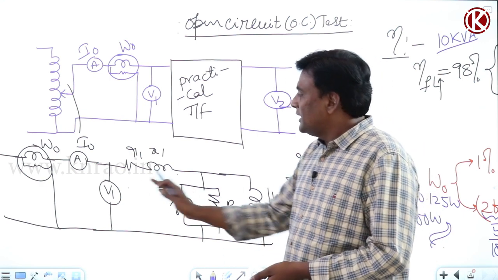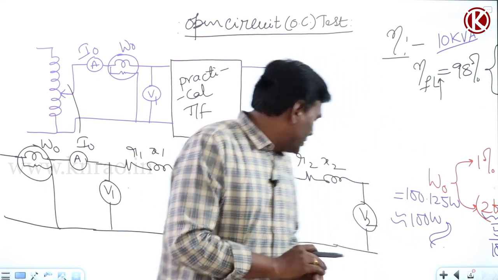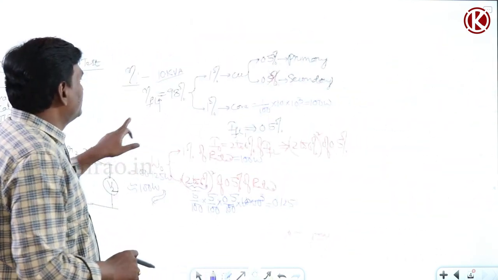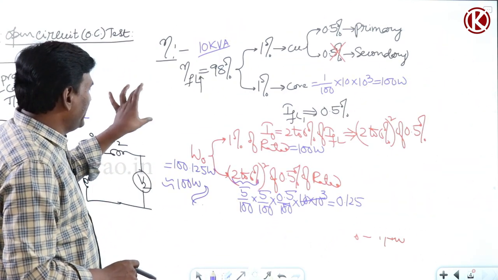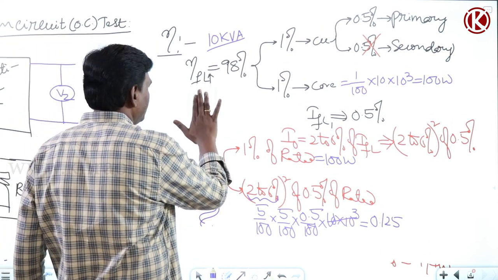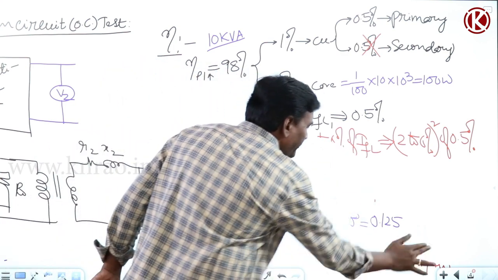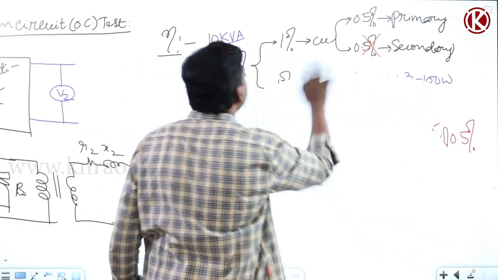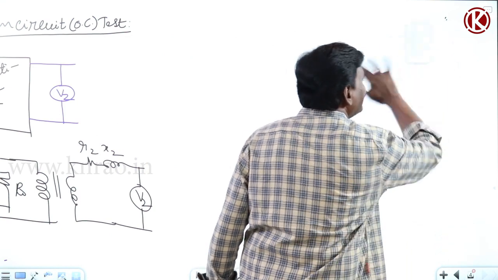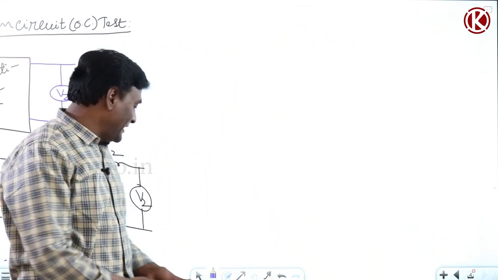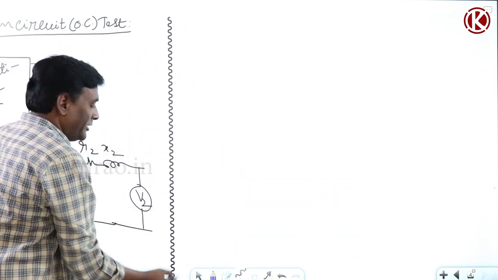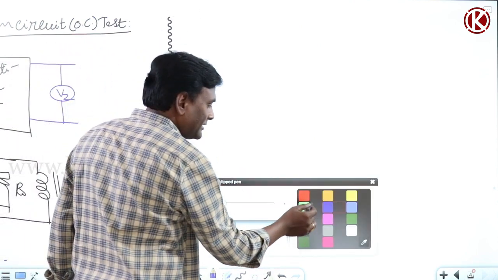Now let us think about the voltmeter. Let me erase this. Normally we know that leakage flux, leakage reactance and leakage impedance are very small in a transformer.